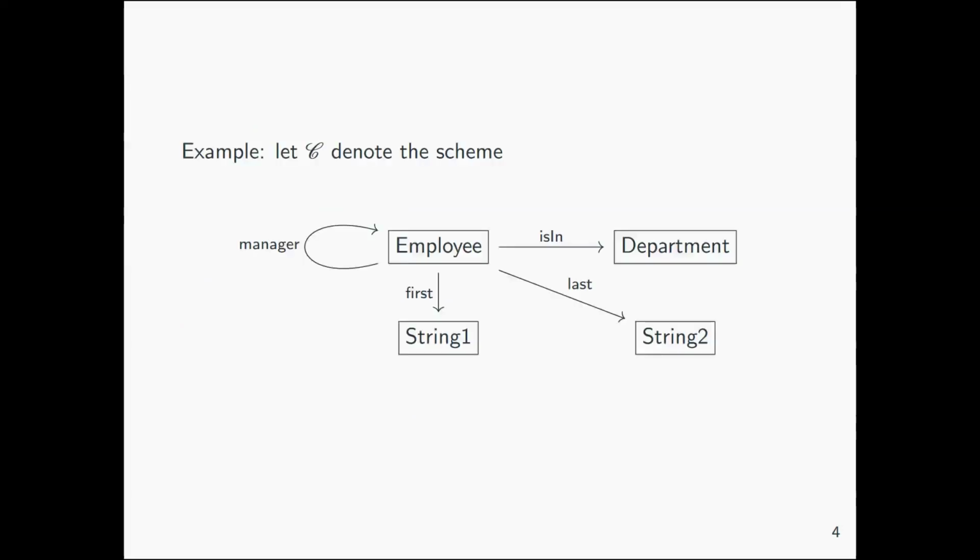So here's an example. This is one of the more or less standard employee-department examples. The main type here is one for employee. Every employee is in some department, every employee has a first and last name, and every employee has a manager. There are no facts here. This is relatively simple.